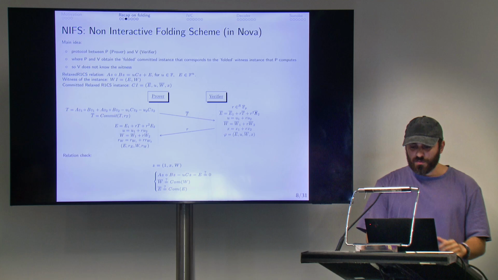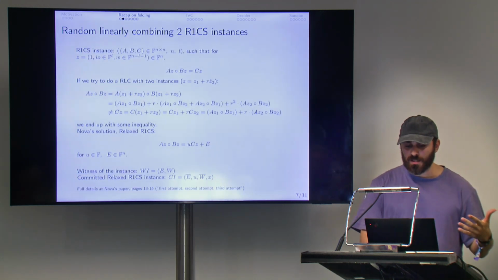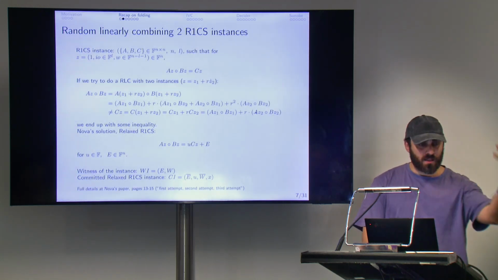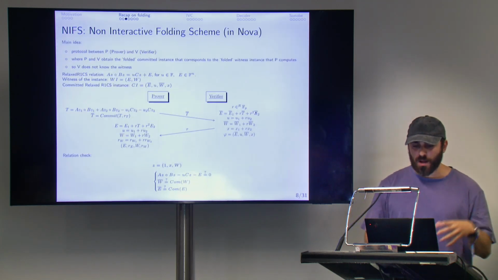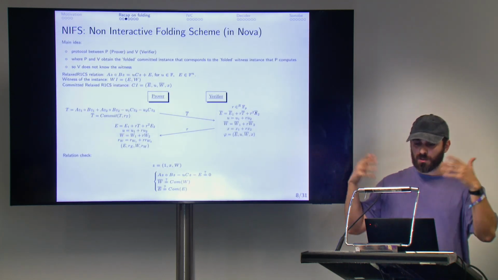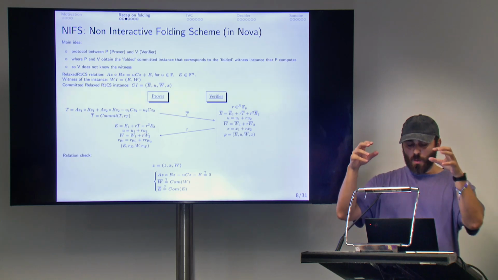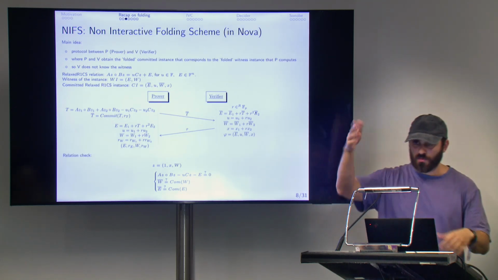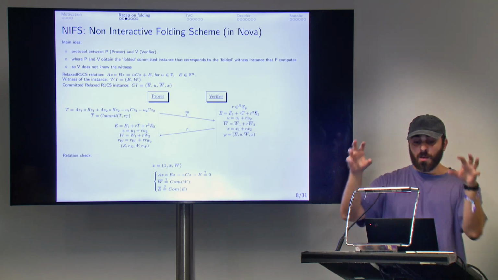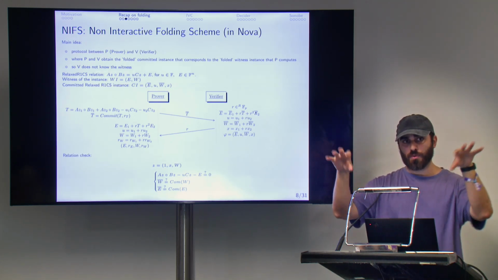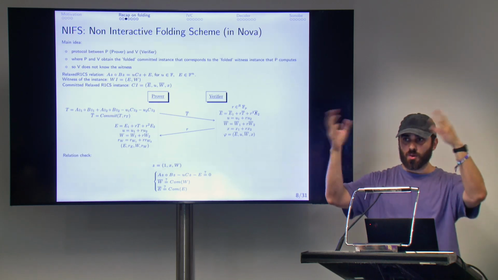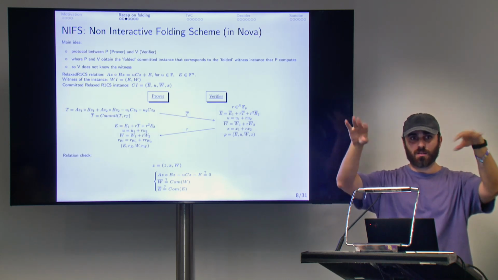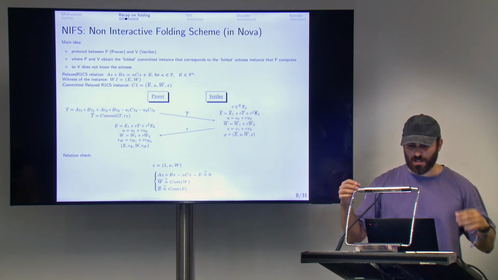So then once we have this relaxed R1CS relation and this idea of random linear combinations, we can put things together and build a protocol where the prover and the verifier interact in a way that we later transform, through the Fiat-Shamir heuristic, into a non-interactive protocol. The idea is that they both will fold the instances that we have, with valid witnesses for the R1CS that we are checking.